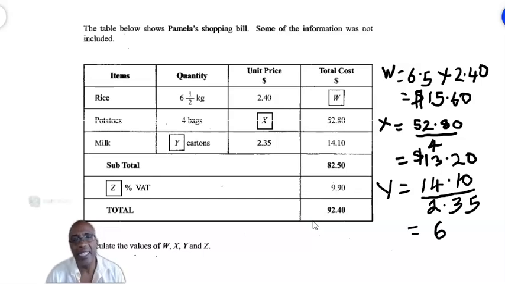And this is the percentage tax paid of the total amount, which is $82.50. And therefore, to find Z, we have to find what percentage $9.90 is of the total cost, which is $82.50.